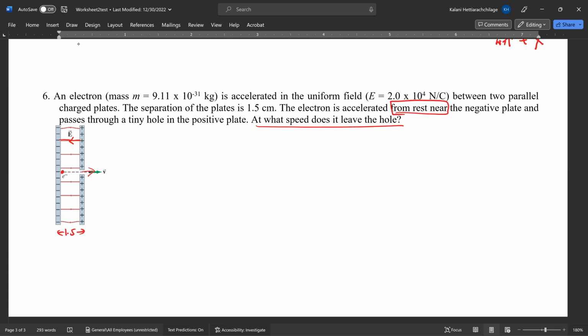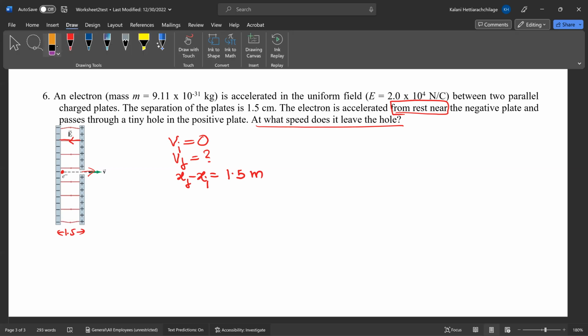Accelerating from rest means the initial velocity is 0, and we need to find the final velocity. The distance it travels in the x direction, that means x final minus x initial, is directly given as 1.5 centimeters.